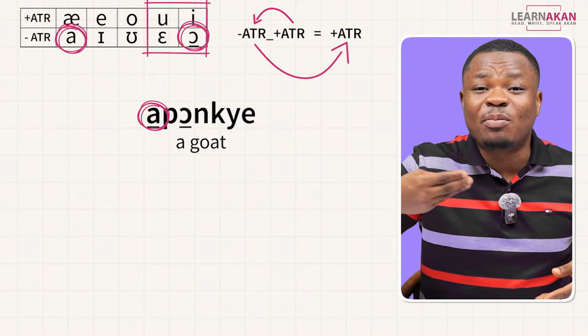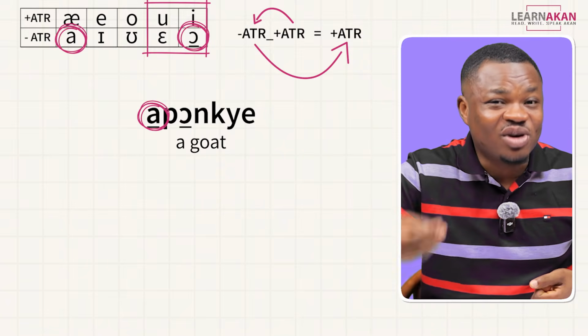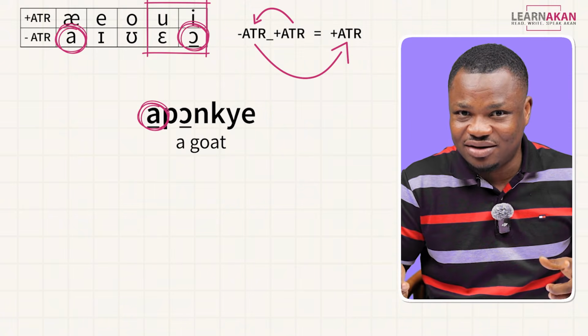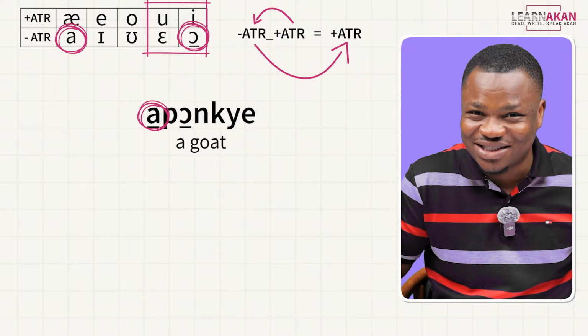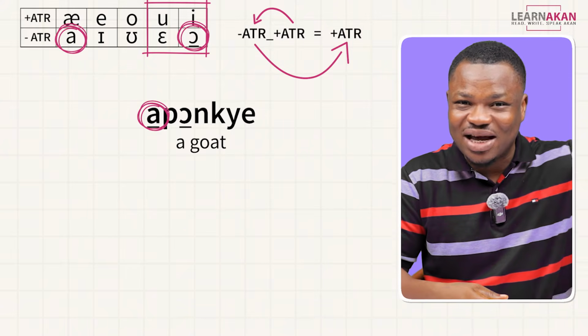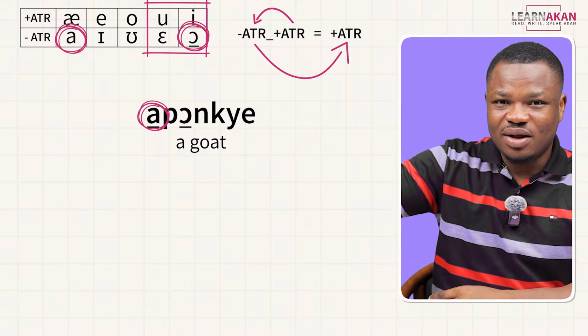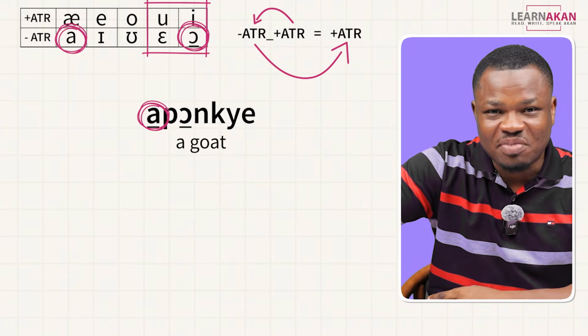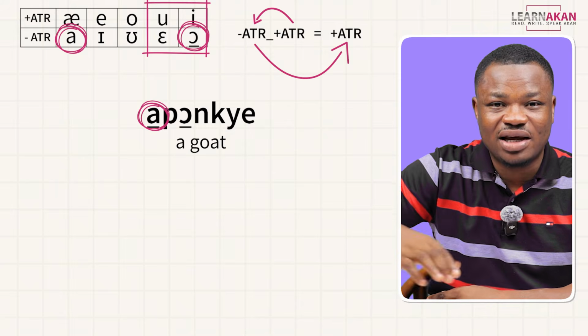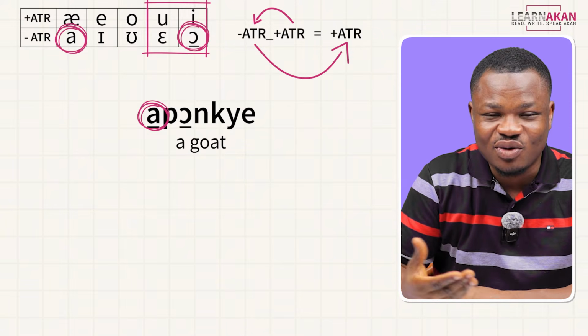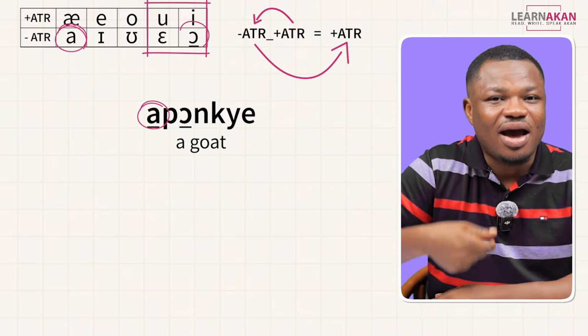So we say aponche, not eponche. So you don't say eponche because E is plus ATR, but O is minus ATR. So the A in front should be minus ATR for this to be considered harmonious. Okay, so we have aponche, aponche.